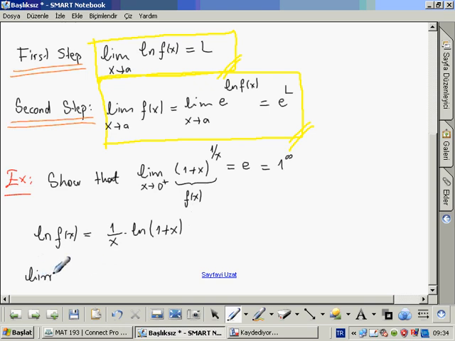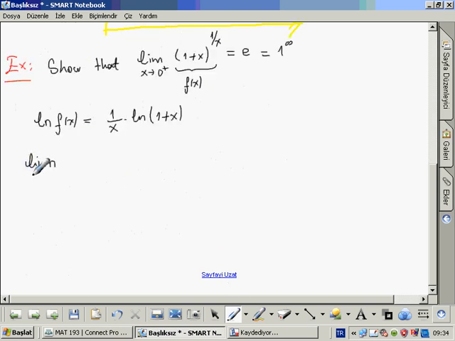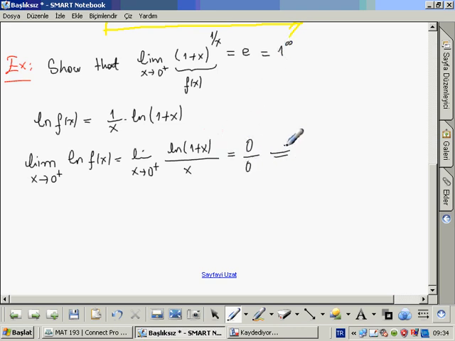The limit as x approaches 0 from the right-hand side of ln of f of x equals the limit of ln of 1 plus x over x, and we know that it's 0 over 0, so we can apply L'Hopital's rule.